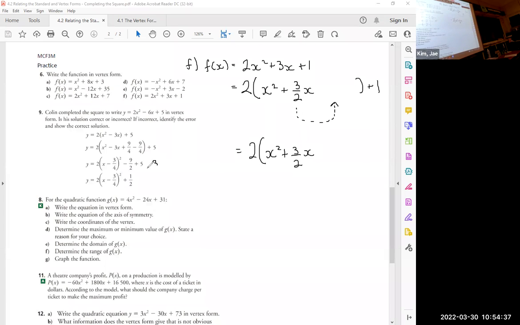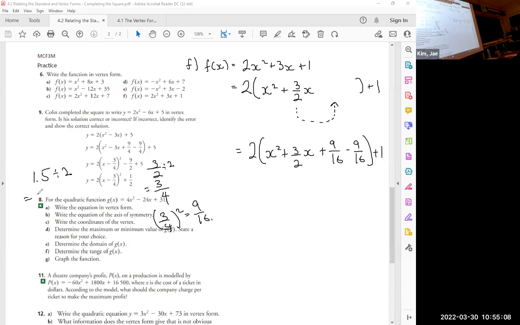All right, 3 over 2 divided by 2 is like saying 3 over 2 times 1 over 2. I get 3 over 4. 3 over 4 squared gives me 9 over 16. I'm adding and subtracting 9 over 16. If you don't like that, note that 3 over 2 is 1.5.